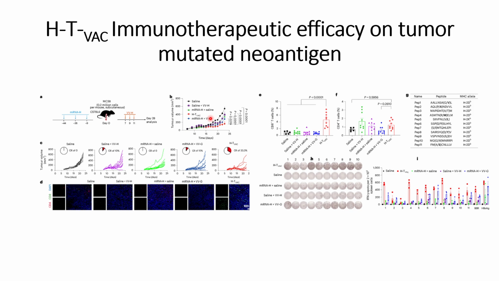They validated this by checking the activated immune cells, that is CD4 and CD8 immune cells, shown here. The CD4 immune cells are significantly high in the HT vaccine condition, and at the same time they also see complete remissions of 33%, which is much higher than all their other control cases.